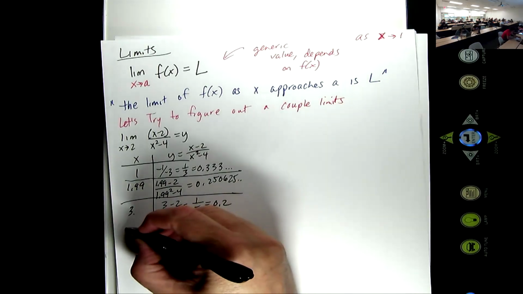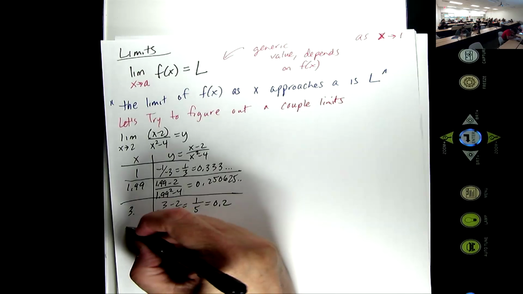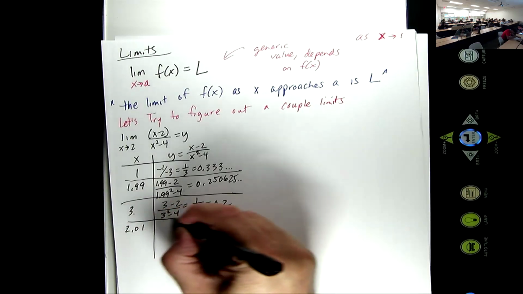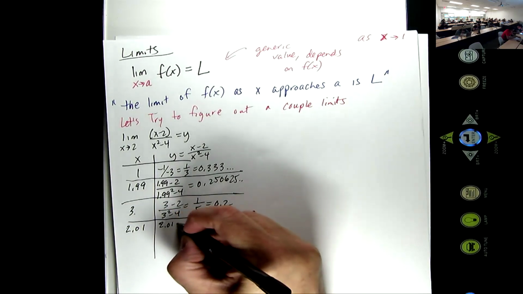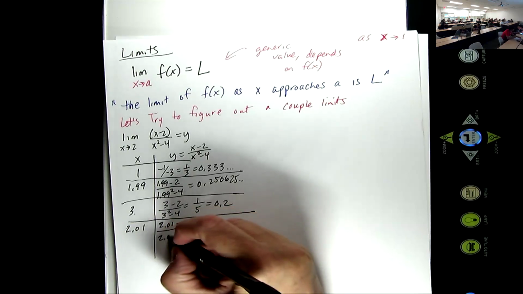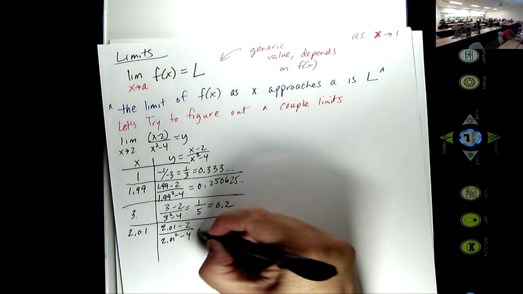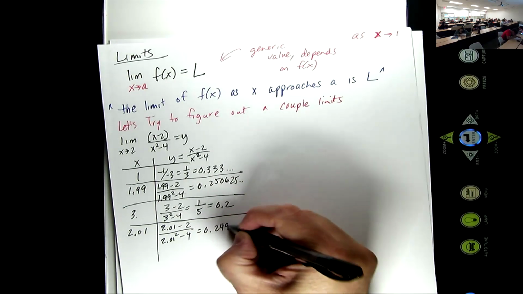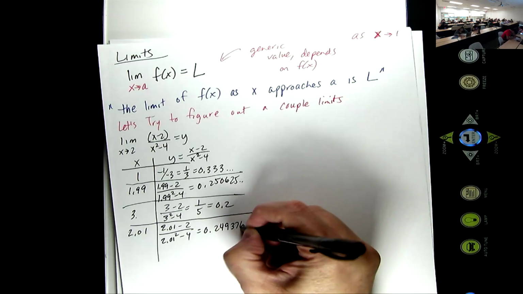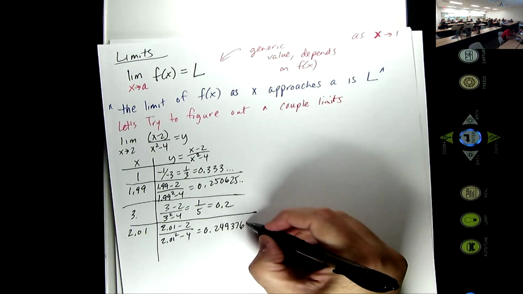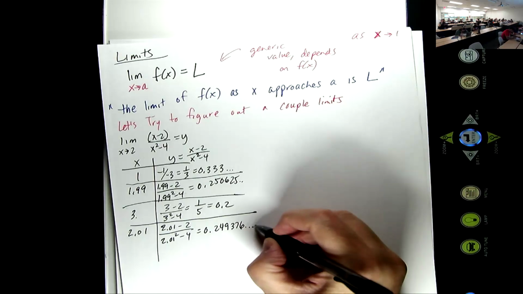And then maybe if I try a number that's really close to 2 but above it, let's say 2.01, I'm getting 0.249376, with some change. I think I should round it somewhere there.